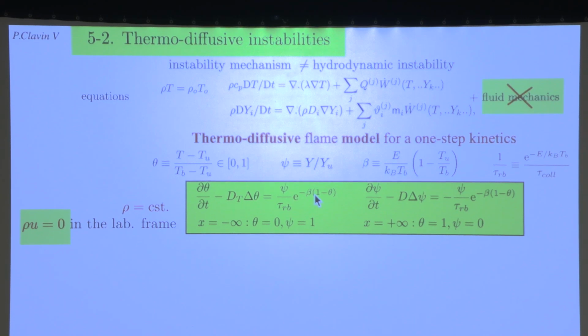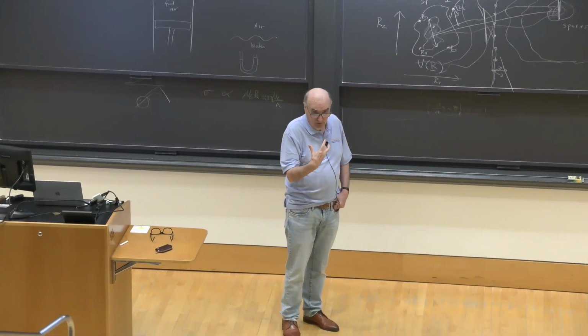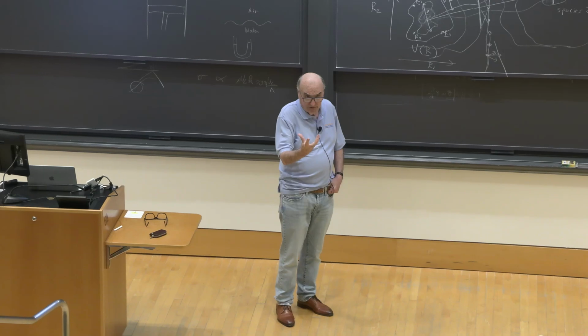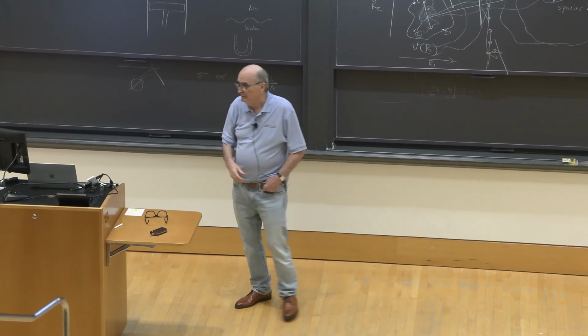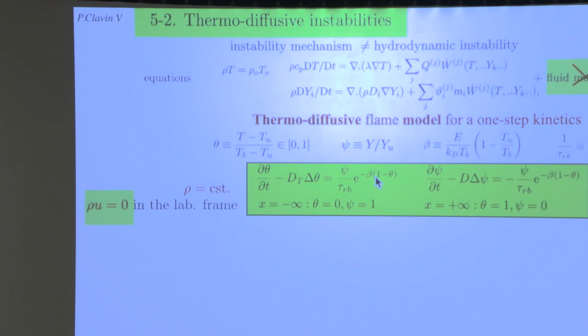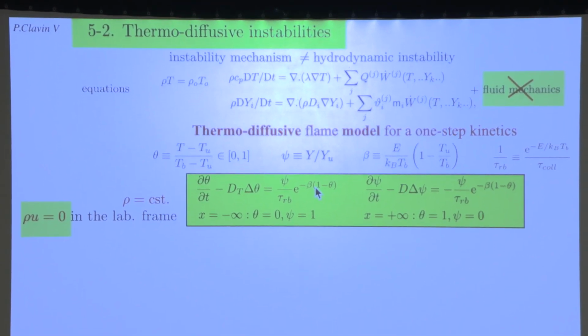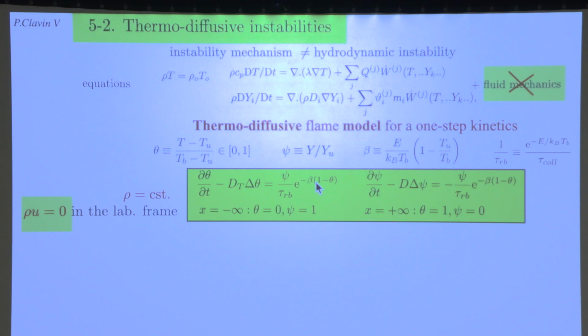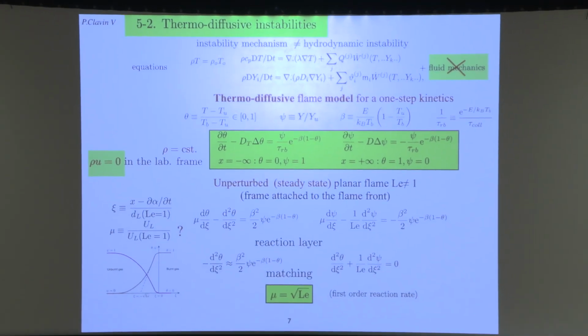This is a very strong assumption that is not realistic. But it will put in the light the effect I want to show to you. And then we will take into account the variation of rho in the second step. But I will not present that. It is very technical. But this one is easy to do.